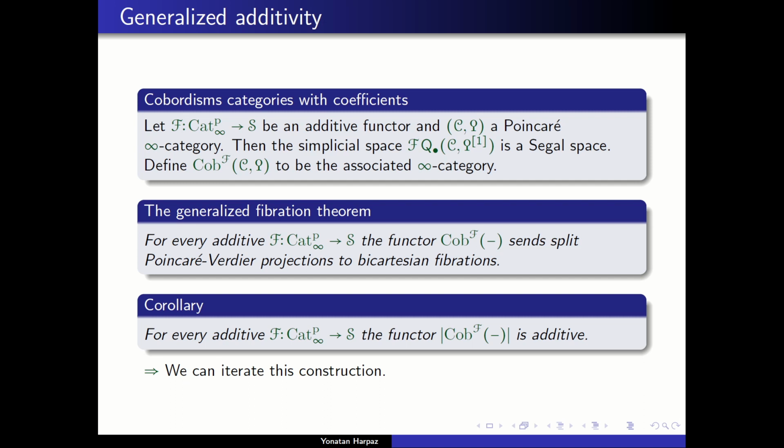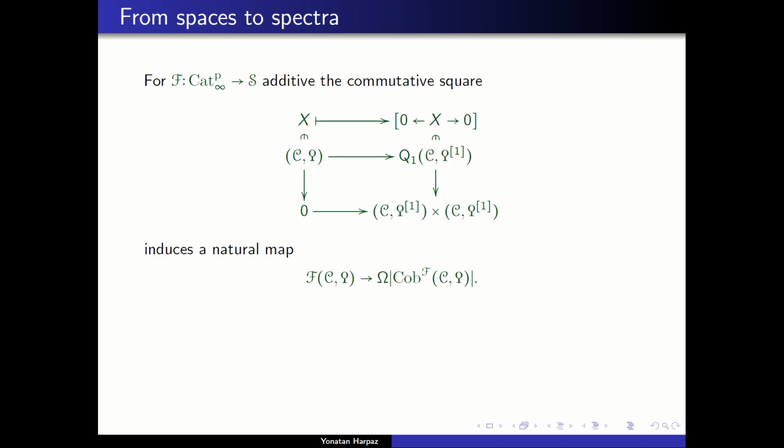Since its source and target are the same type of object, we can now iterate this construction. For this to give us something useful, let us first observe the following. There is the following commutative square. Here we have Q1 C copa shifted. This is what appears at degree 1 in the simplicial object from which one will obtain the f-based cobordism category.